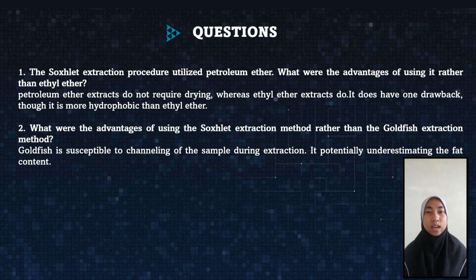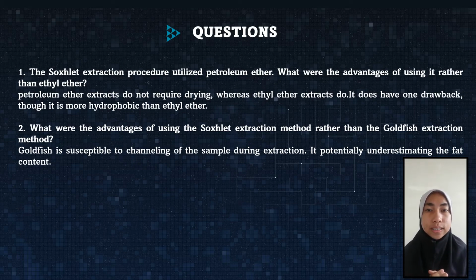Next question is, what were the advantages of using the Soxhlet extraction method rather than the goldfish extraction method? So what is the goldfish extraction method? Goldfish is a continuous method of fat extraction, while Soxhlet is semi-continuous.